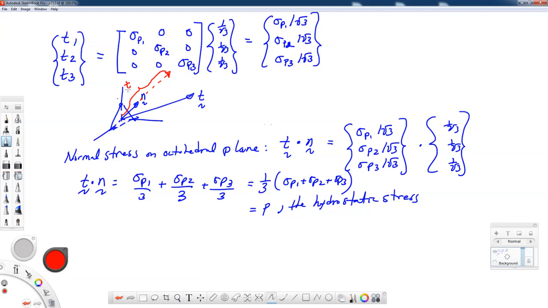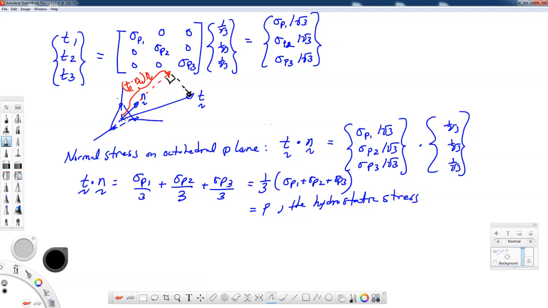So this would be T dot N times the unit vector N. And if that doesn't cause yielding, well, maybe the rest of the stuff does. Maybe this part of the vector in our vector addition would cause yielding. So this would be the shear stress, and we're going to find this knowing that this is a right angle.